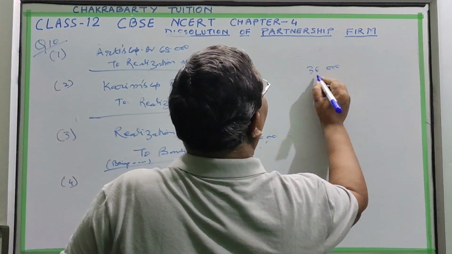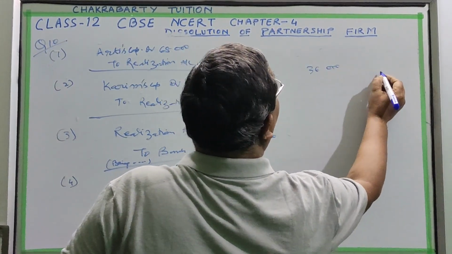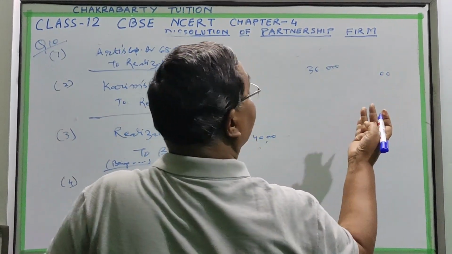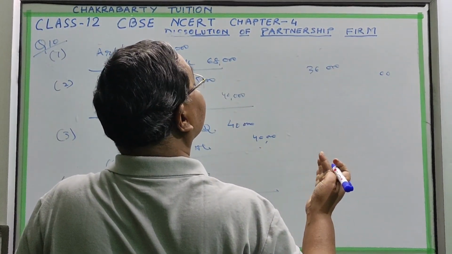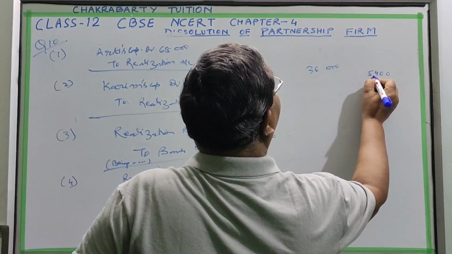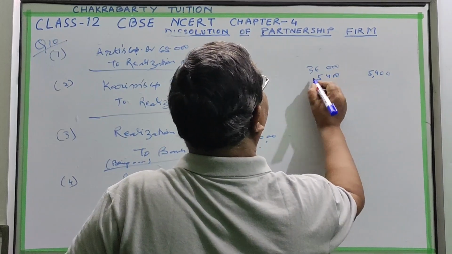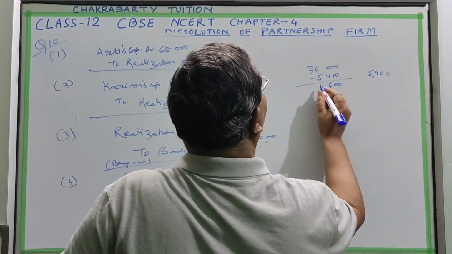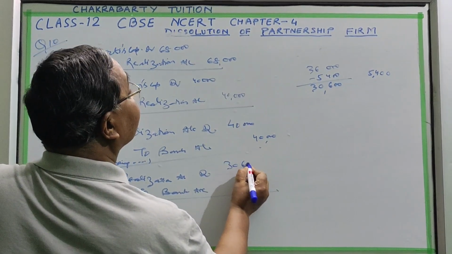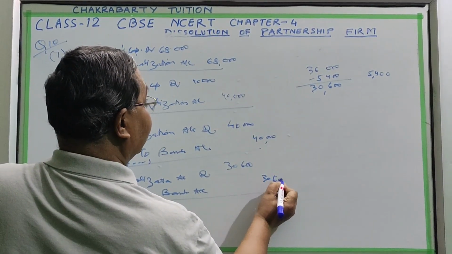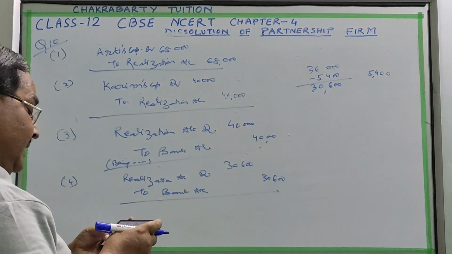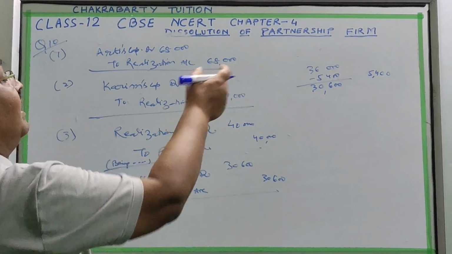So 36,000 and 15% we will find out. 15% of 36,000 is 5,400. This is the rebate. So 36,000 minus 5,400 is 30,600. 30,600 we will pay. Whatever is paid we will write, and here in the narration we will write being amount paid 36,000 at a discount of 15%.